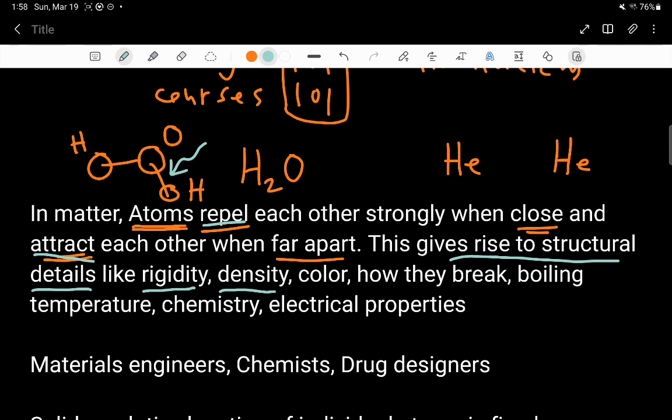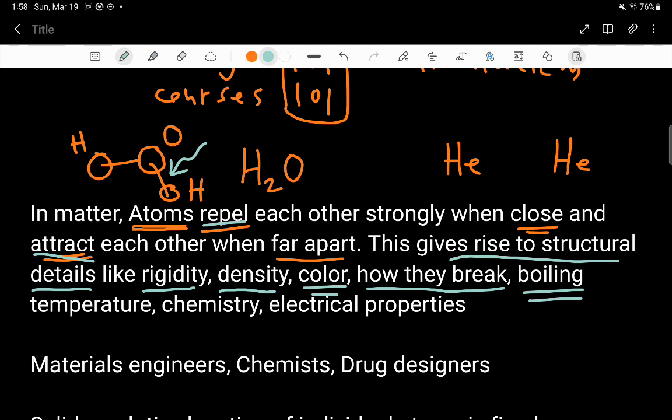These details of how the atoms like to sit next to each other also is going to have something to do with what they look like. What color are they? Also, whether or not they're clear, right? Whether or not visible colored light can go through them. Also, they'll inform how they break or shatter or just cleave or fall apart. It's also going to tell us about the melting temperature, right?